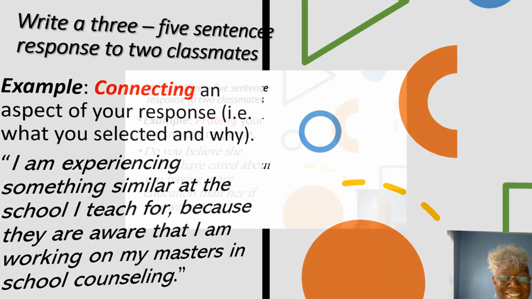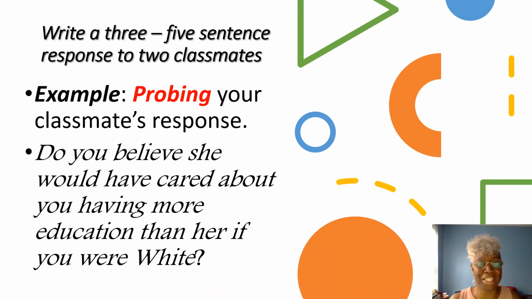So, for the pièce de résistance, is the probing question. So when you're talking to two of your classmates, you're asking a question about their post. So for example, we looked at the discussion topic post. We talked about one piece of it had to do with the microassault in the workforce.